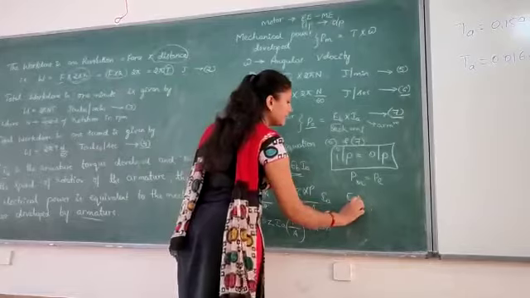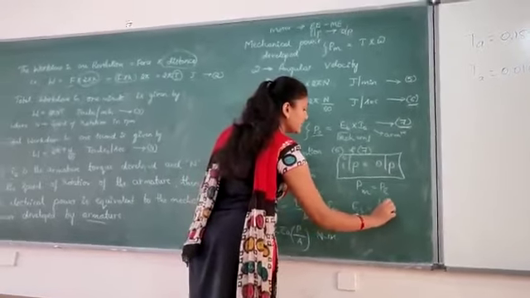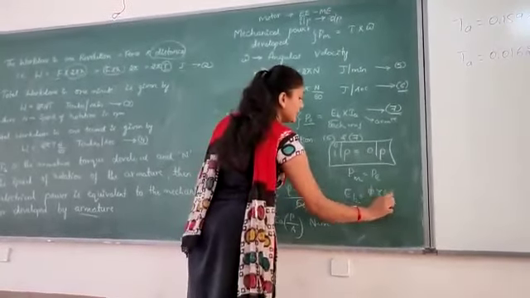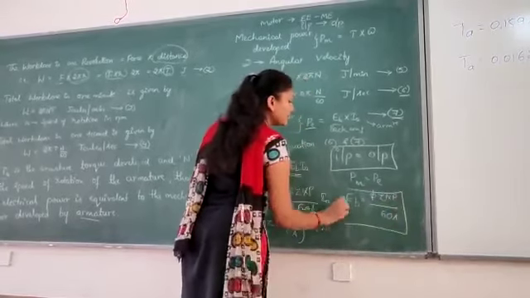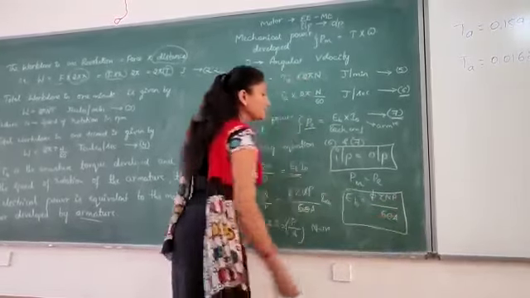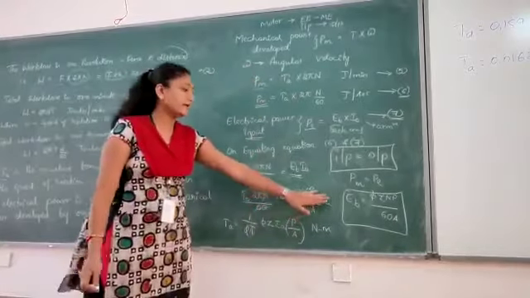On equating equation 6 and 7 and solving, we know that the equation for back EMF EB is equal to phi ZNP divided by 60A, which is the back EMF equation of a DC motor that we have already derived.